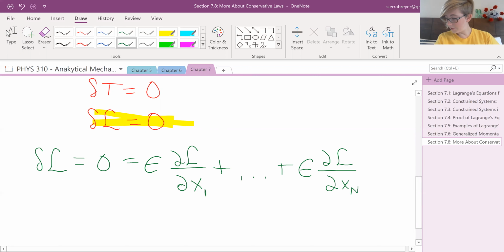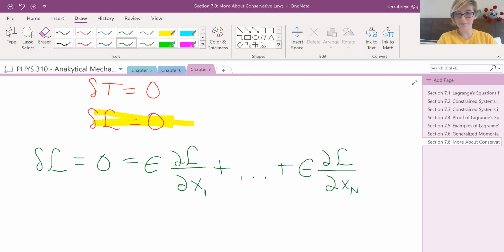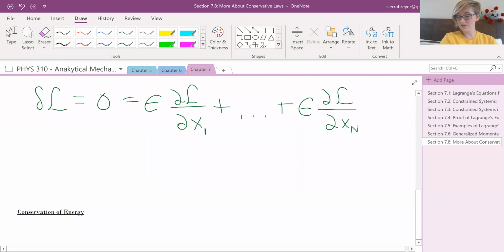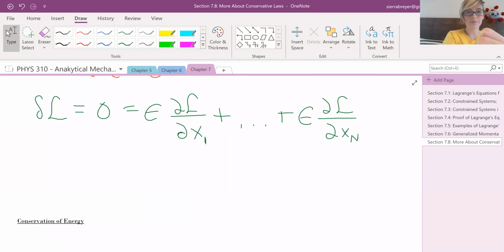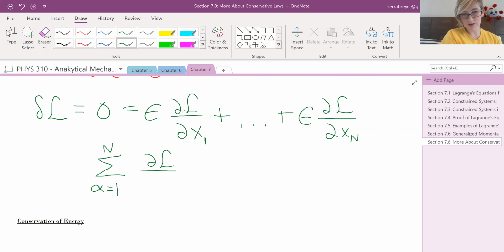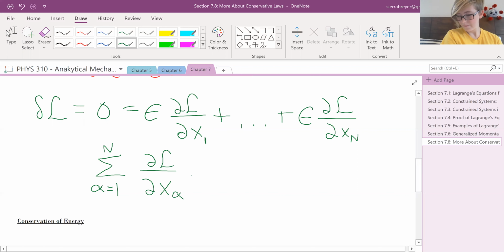So basically what we see that coming out to is a sum, a gross, nasty sum. That sum states that the sum from alpha equals 1 to n, the number of particles we have, of the derivative of L with respect to x alpha, equals 0.